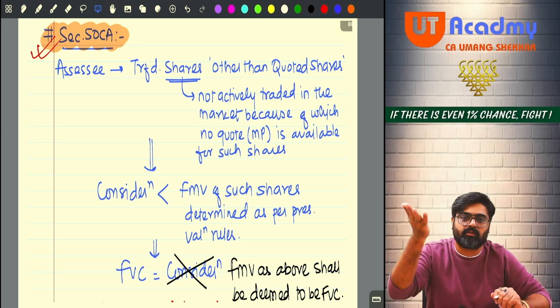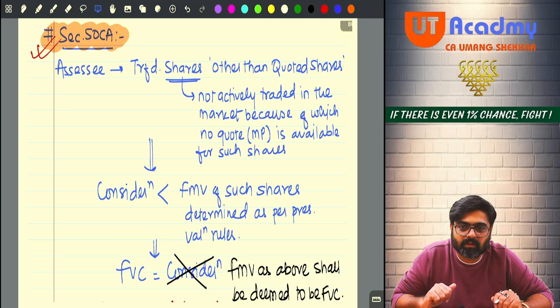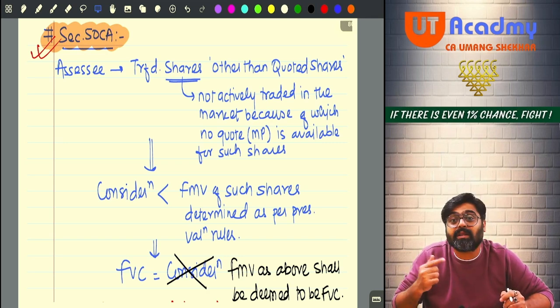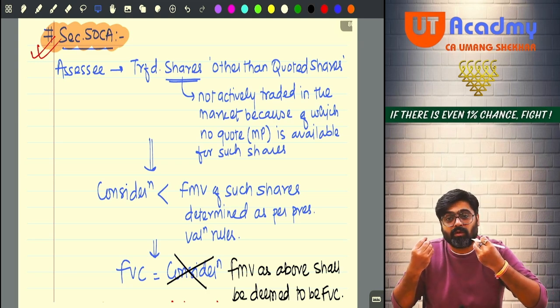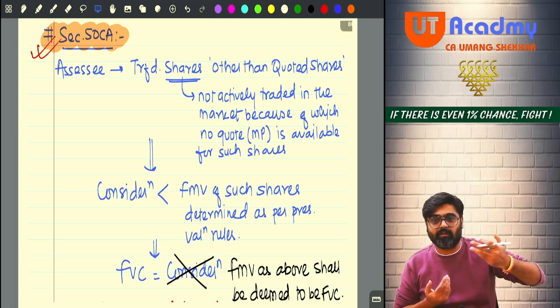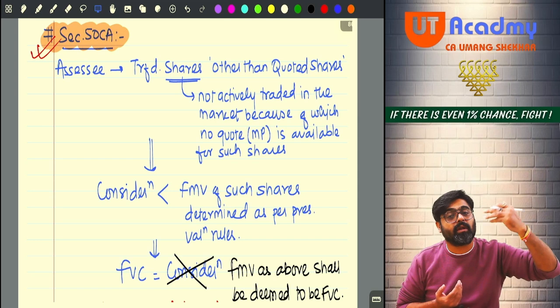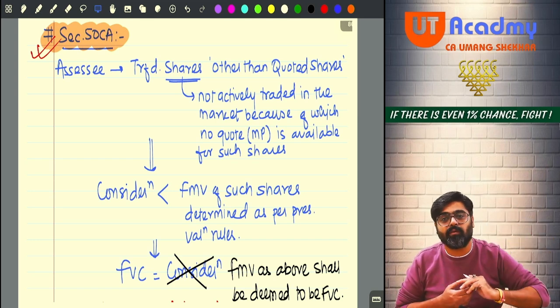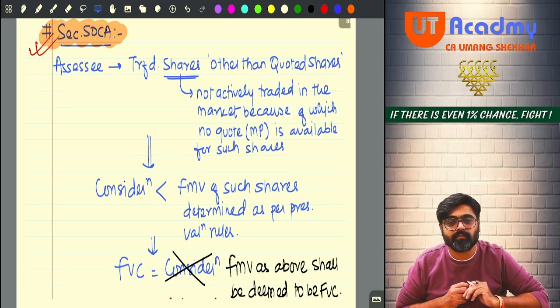How can you say that you sold for less than this? You will be easily caught. But in the case of other shares which are not quoted, there is no chance of getting caught, because the shares are not actively traded in the market, and whatever price you say, they will have to believe. Getting my point?